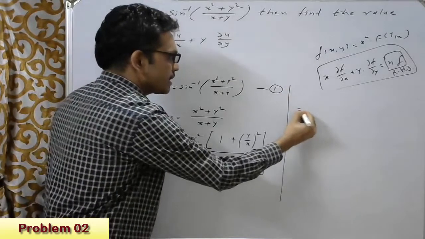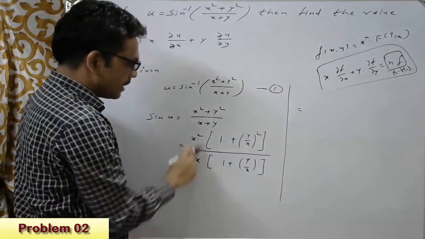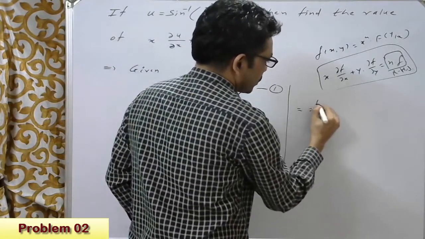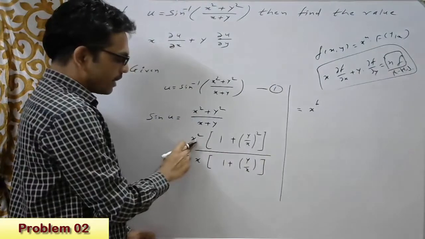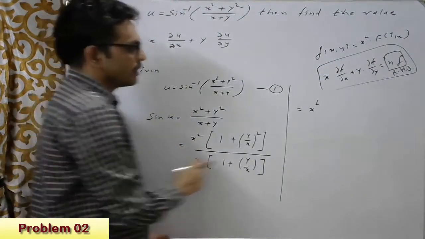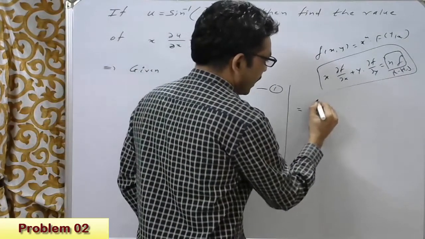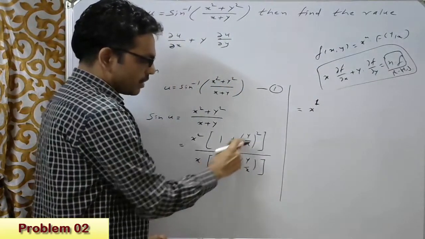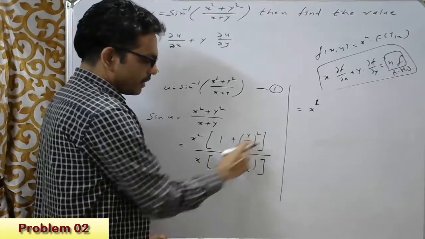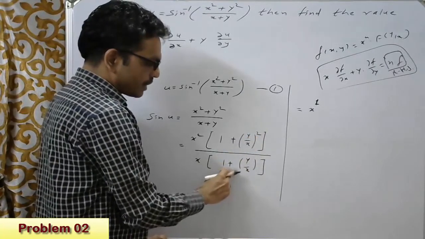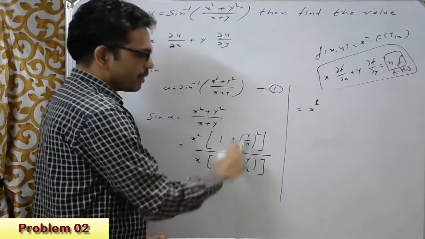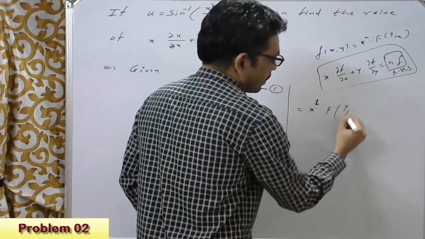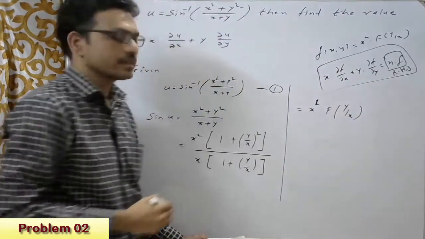Then x square divided by x is x raised to 1, that is, x raised to n, and this expression, 1 plus (y upon x) square divided by 1 plus y upon x, is a function of y by x.